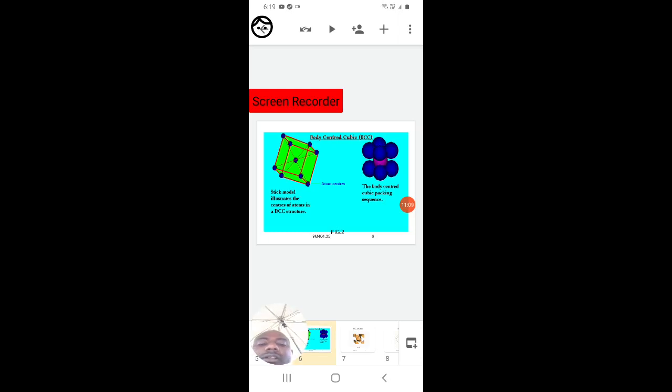You see the body centered cubic packing sequence. The remaining corners each have 1/8 part of an atom. So the effective number of atoms in the body centered cubic structure is 1 plus 1 equals 2. That is the BCC structure for ferrite.